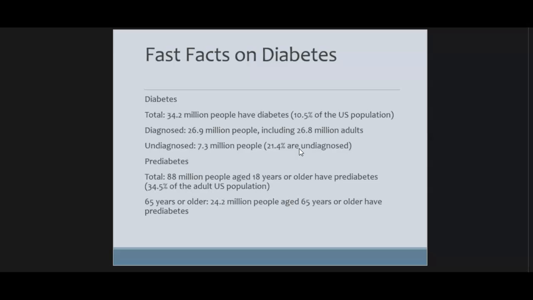This is the same information as on the previous slide, but in word form. Almost 35 million people in the US, about 10% of the population, have diabetes. About 27 million people are diagnosed and know they have diabetes, but 7 million people are undiagnosed.